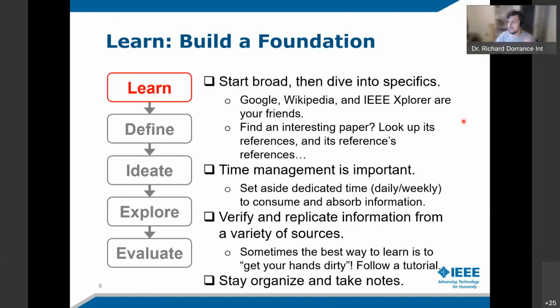In that case, Google, Wikipedia, and IEEE Xplore are your friends in terms of being able to search, find foundational papers, and read to understand that topic that you're trying to dive into for research.